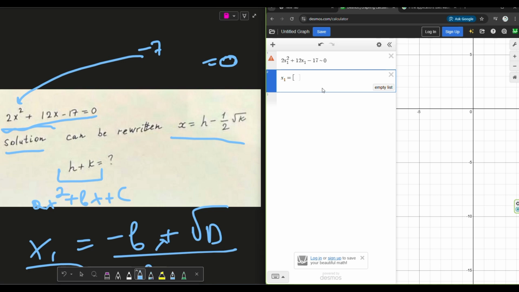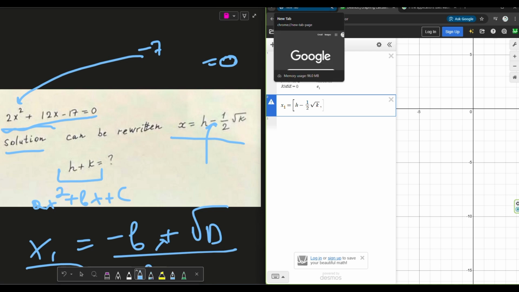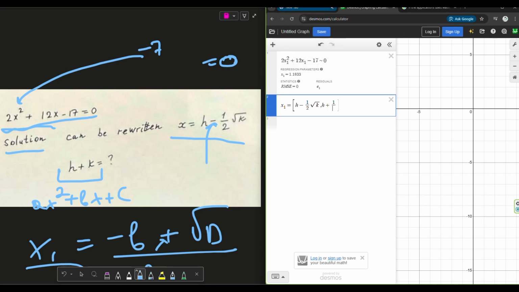Now my first solution is h minus 1 over 2 square root of k. Now I will write comma, and the second one, if this is with a minus or negative sign, then the second one will be with a plus sign, right? Or a positive sign. So it will be h plus 1 over 2 square root of k.